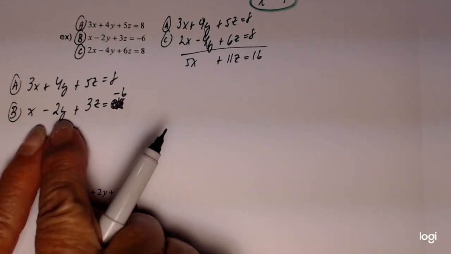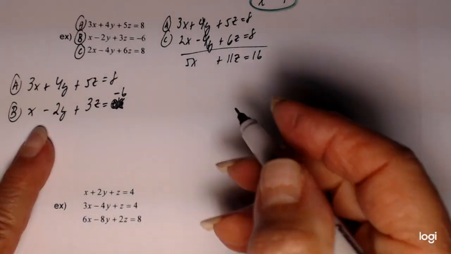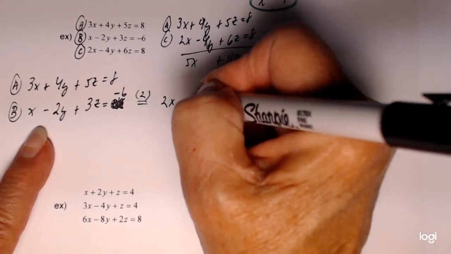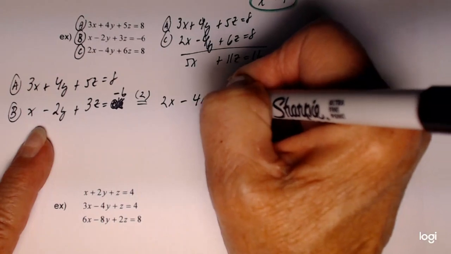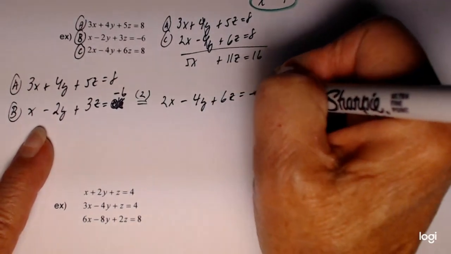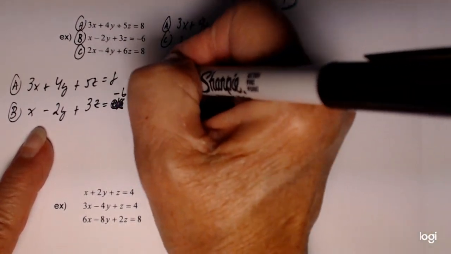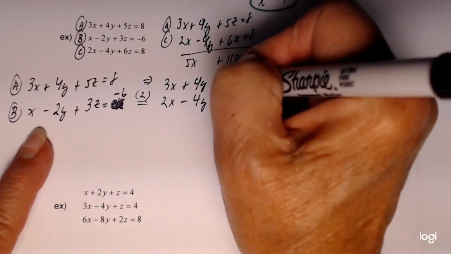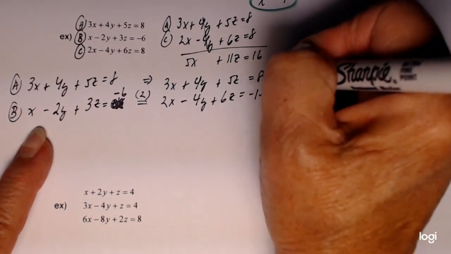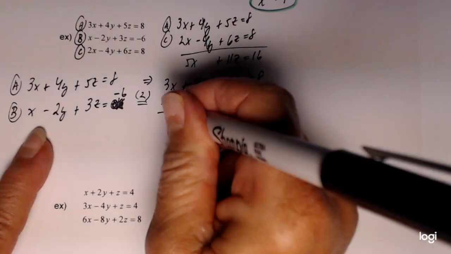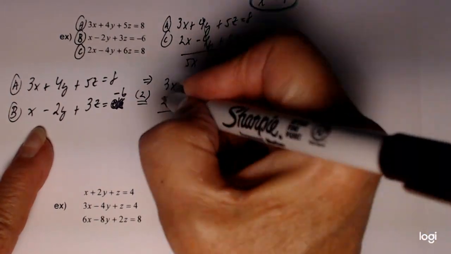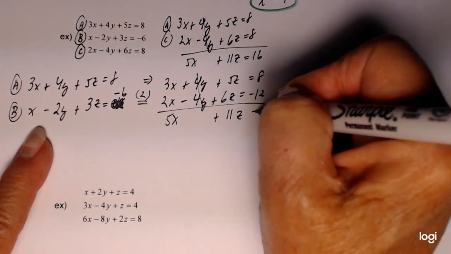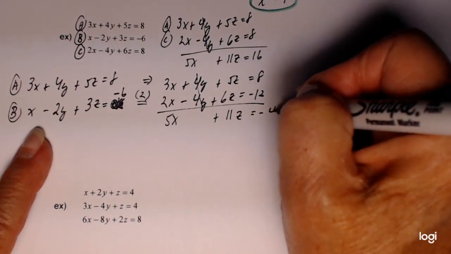So looking, we have negative 2y, positive 4y. I'm going to multiply this equation by 2 to get 2x minus 4y plus 6z equals negative 12. This equation doesn't have to be touched. And now, when we combine, y's are eliminated, and we have 5x plus 11z equals negative 4.